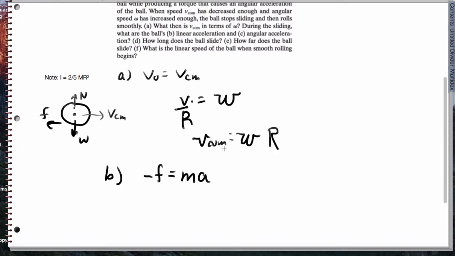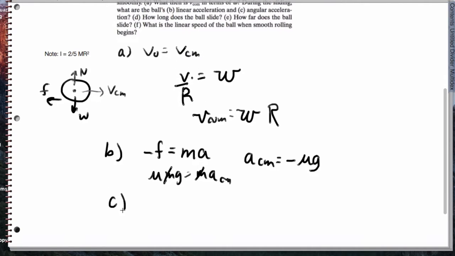It's basically trying to slide in place, and all that's happening here is it's slowing a little bit. It's got a little bit of sliding going on, and so here we're going to basically say that mu mg equals m a of the center mass. That cancels, so a center mass is going to equal negative mu times g.